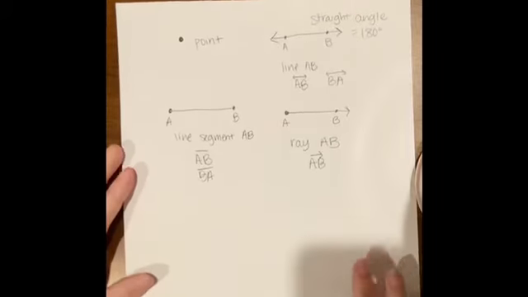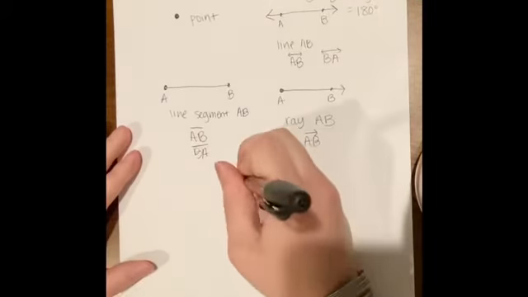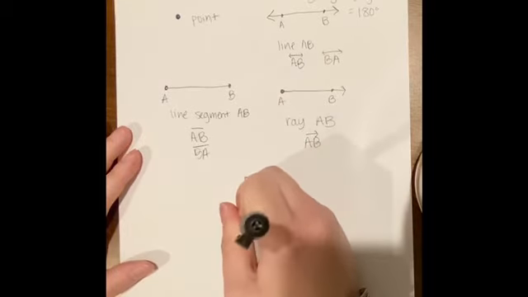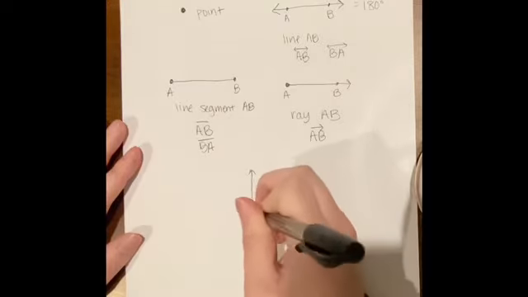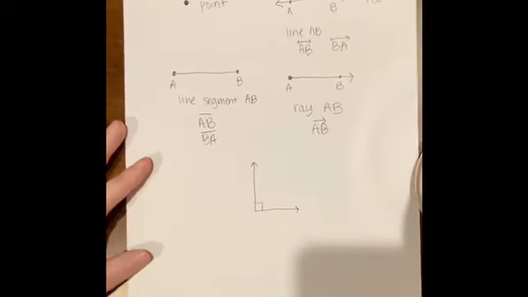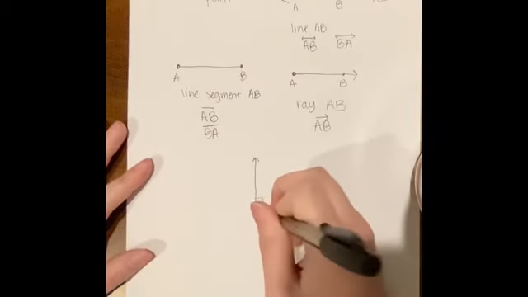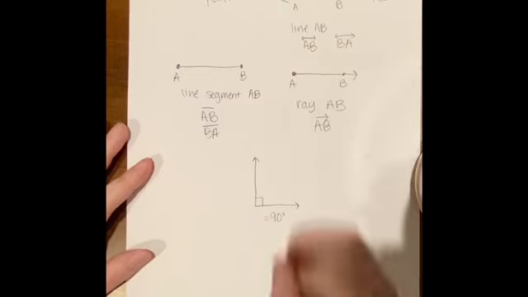So then there are three other angles. So there's the one right in the middle, a right angle. A right angle is 90 degrees. The measurement is 90 degrees.